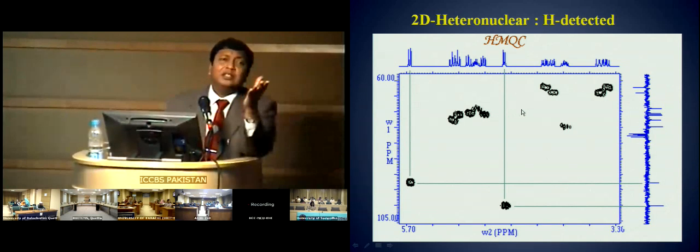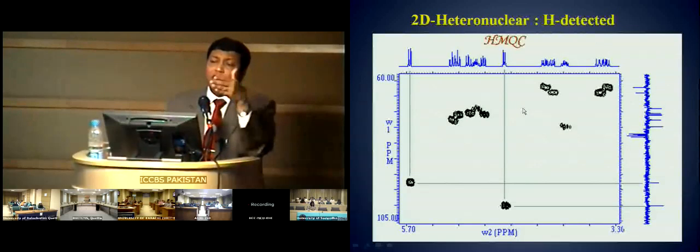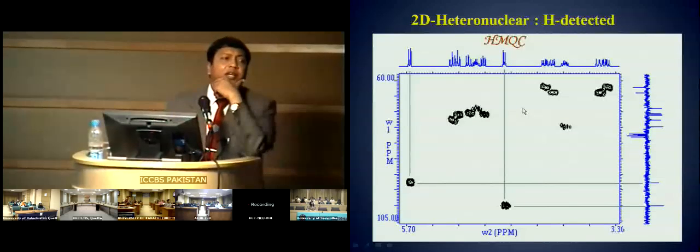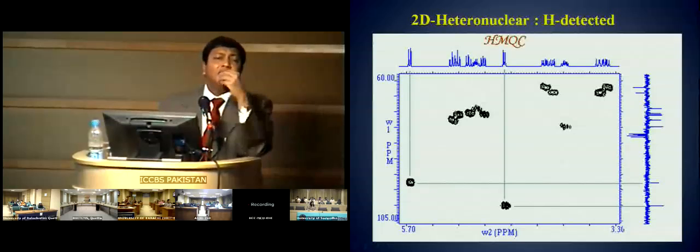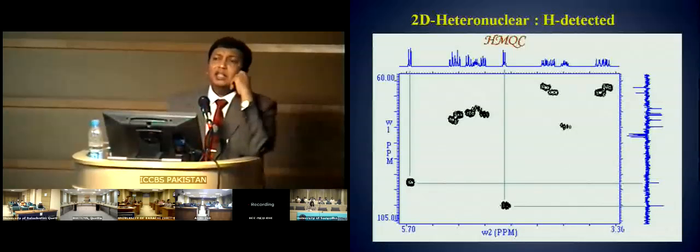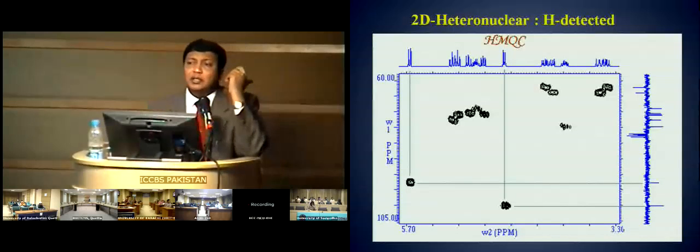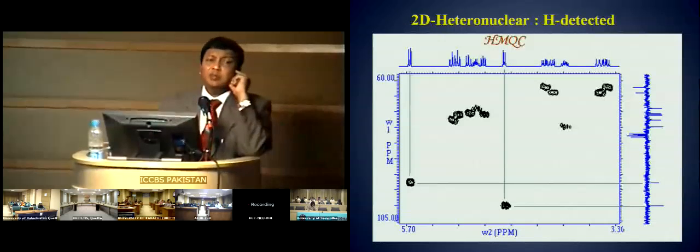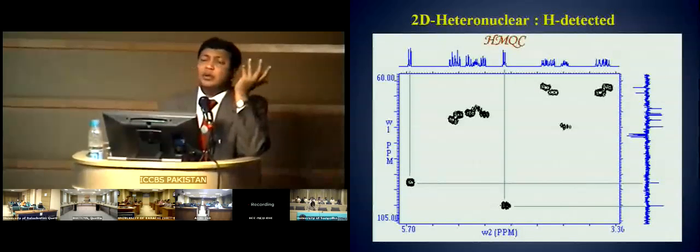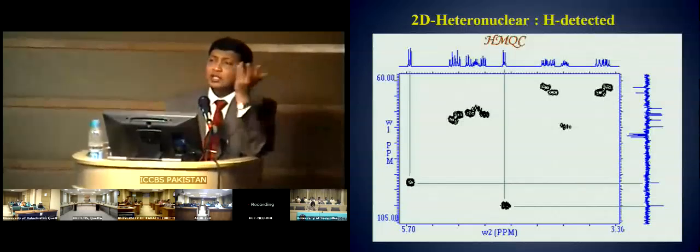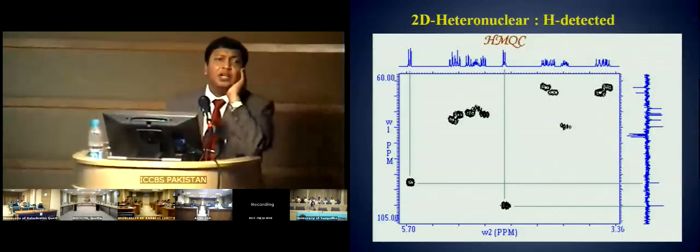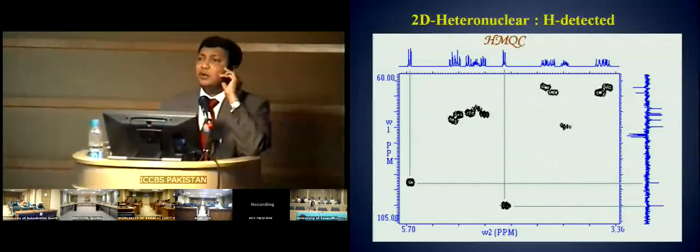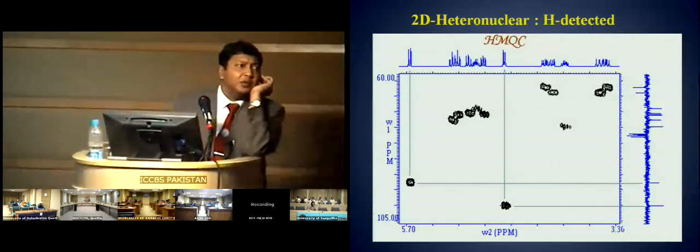Now, question is, simple question. You see, what we have done so far before this particular NMR experiment was just bits and pieces. Either you connected carbon with carbon in INADEQUATE, or you connected proton with proton in all different types of experiments like COSY or normal proton spectrum or whatever.